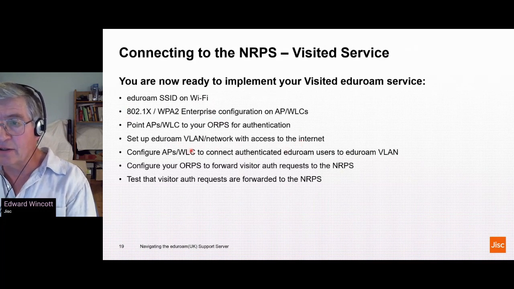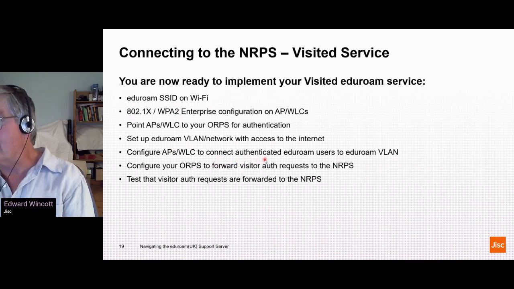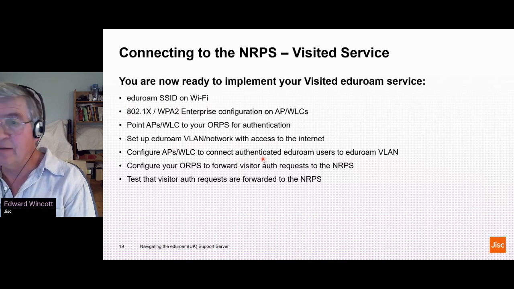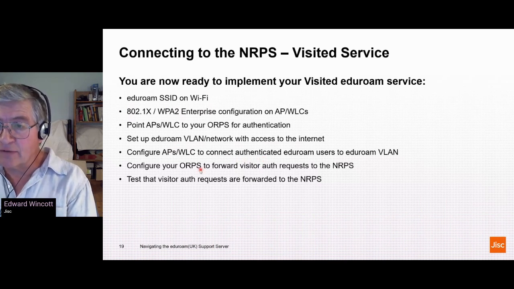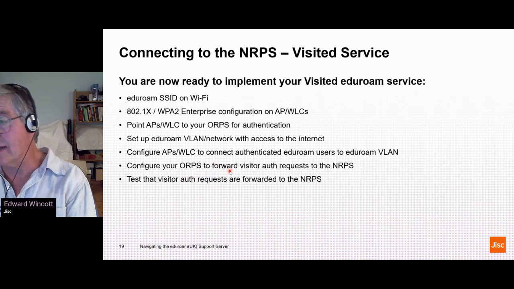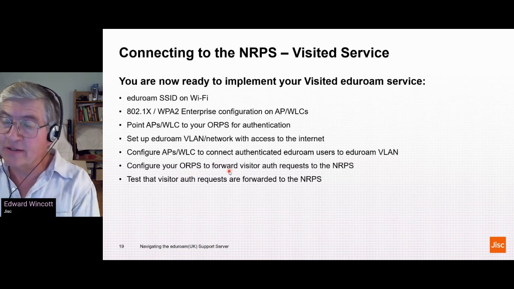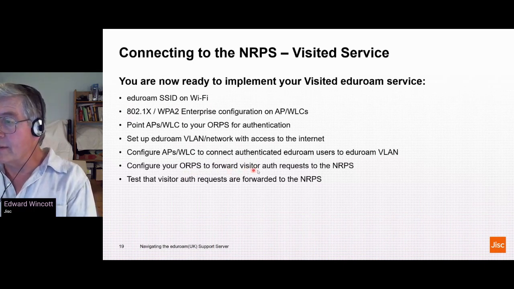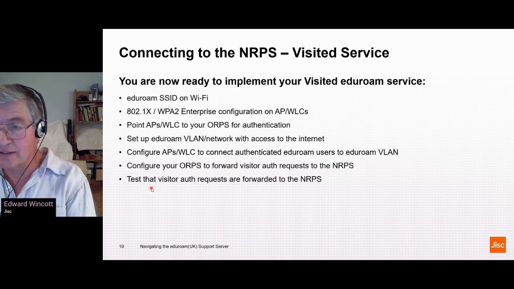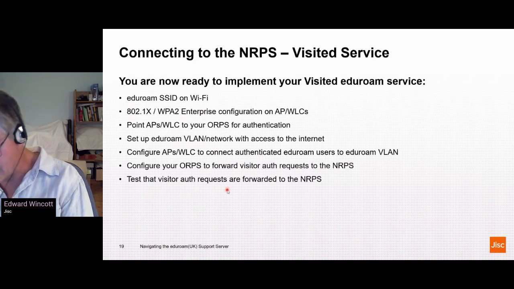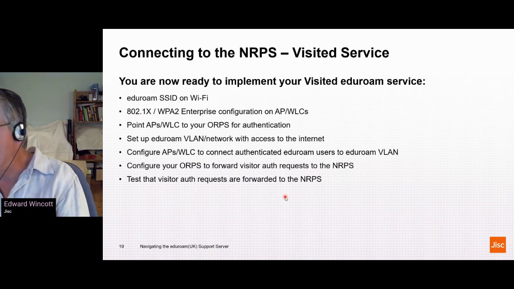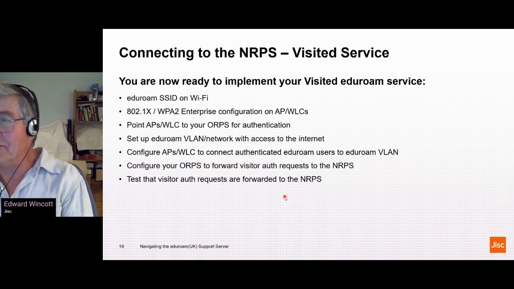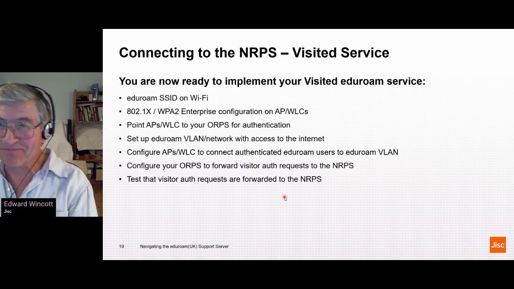You configure your access points to connect authenticated eduroam users, your visitors, to the eduroam VLAN. And you need to configure your ARPS to forward, so you need a connection policy in place to forward visitor auths up to the NERPs. And then you can test that visitor authentication requests are in fact being forwarded to the NERPs. We can't do all of this for you. You need to do that.